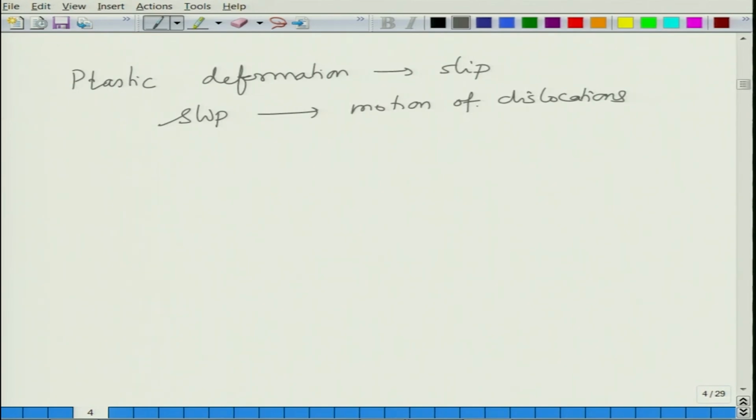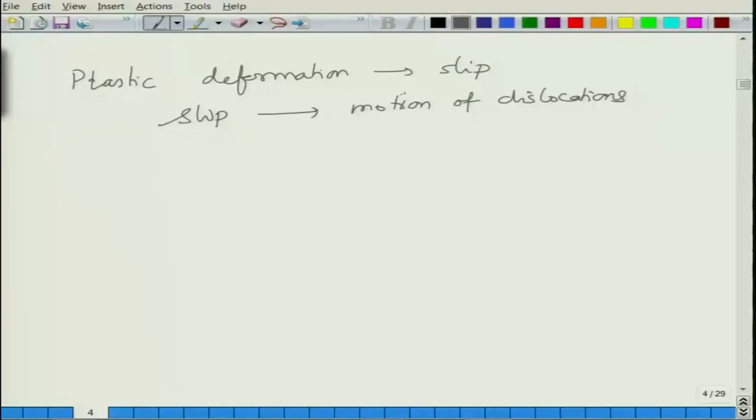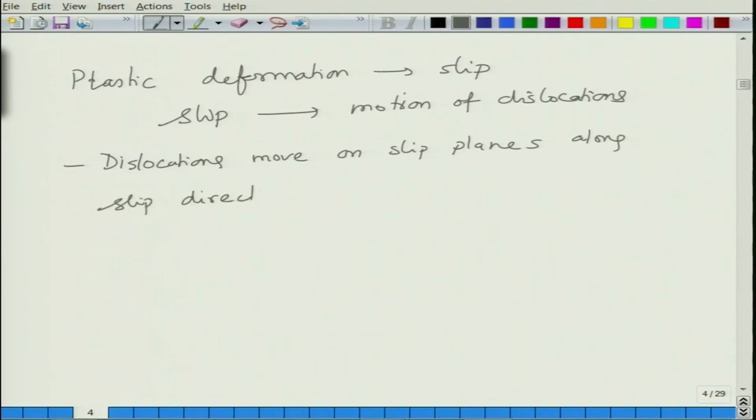Experimentally observed values are much lower, and they happen by the presence of these defects called dislocations. So, basically dislocations move on slip planes along slip directions, which are also defined as the Burgers vector.